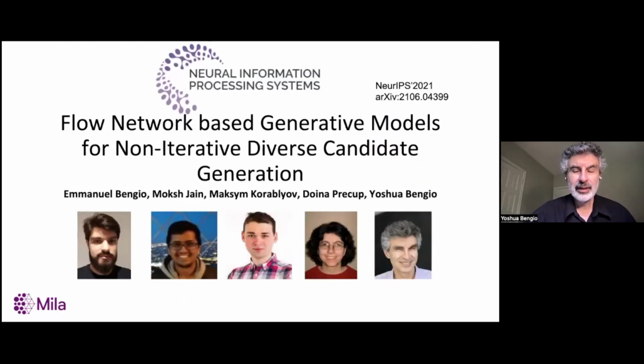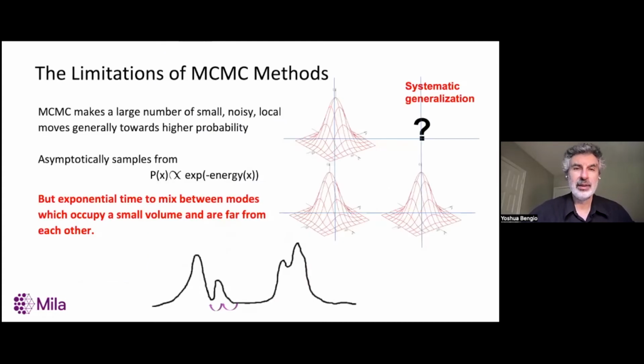All right, so we came up with this framework we called generative flow networks, or GFlowNets for short, that we submitted about a year ago to NeurIPS and was presented last December. And the goal was precisely this: to come up with a method that would take advantage of machine learning to bypass some of the limitations that I just talked about of MCMC methods.